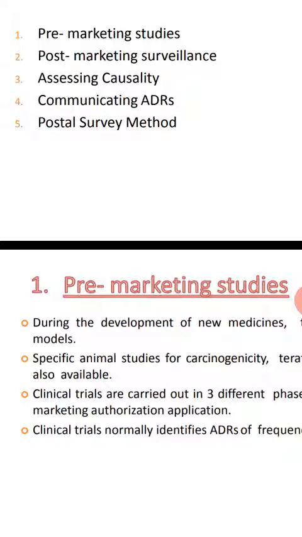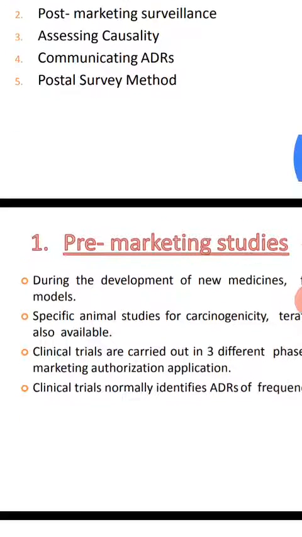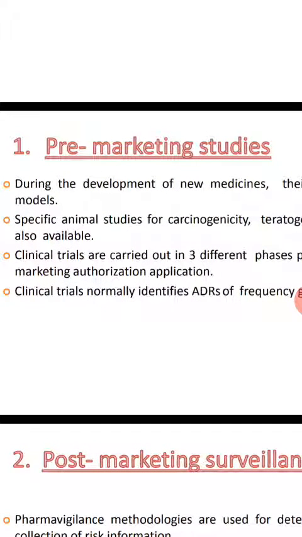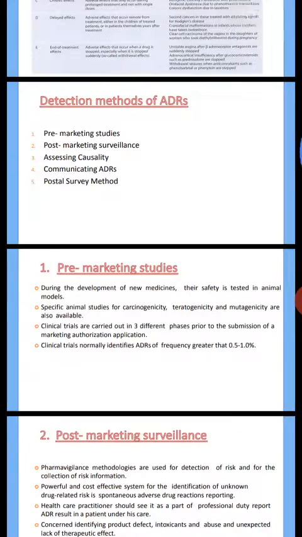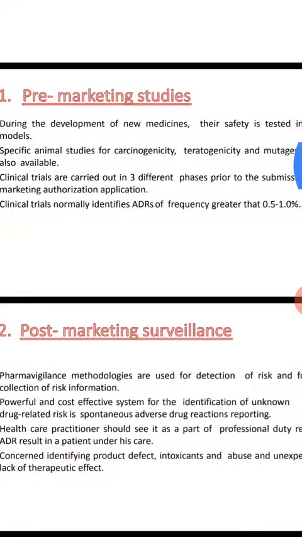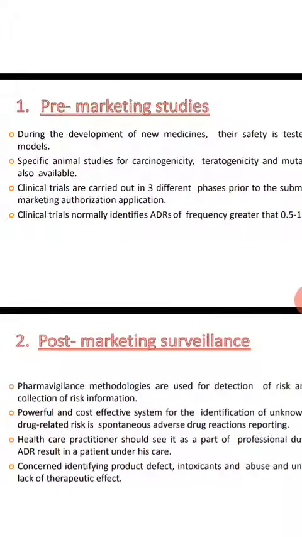Now we are going to move on to the next slide, about pre-marketing studies. Whatever ADR is detected from the drug through various preclinical studies as well as clinical trials, phase 1, phase 2 and phase 3, these are called pre-marketing studies.